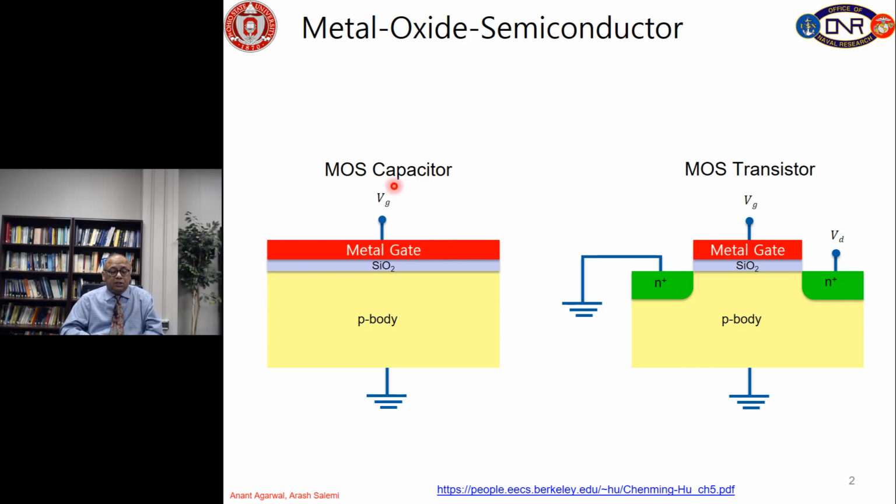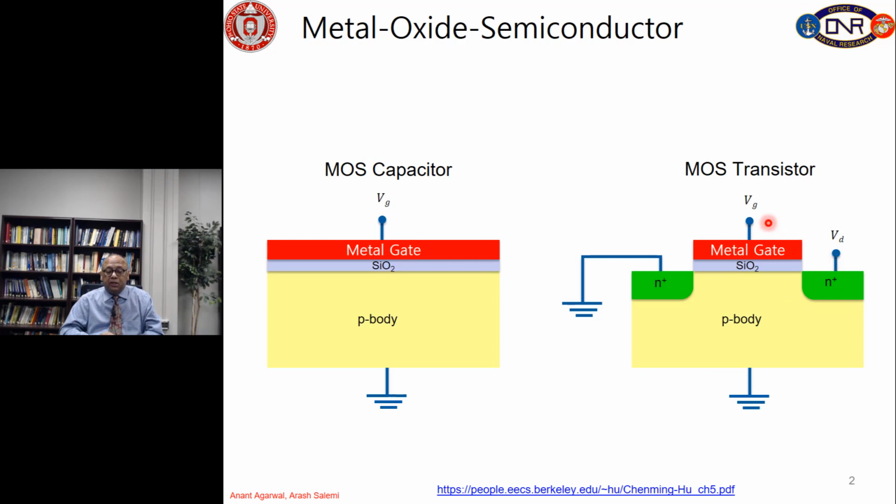So this is a basic MOS capacitor because the capacitance is formed between the metal gate and the semiconductor, and we'll describe the details of this operation. Then on the right hand side is called the MOS transistor, where we basically take the MOS capacitor and put two N plus regions into this, either by ion implantation or diffusion, and this becomes a transistor. This electrode is called the drain electrode.